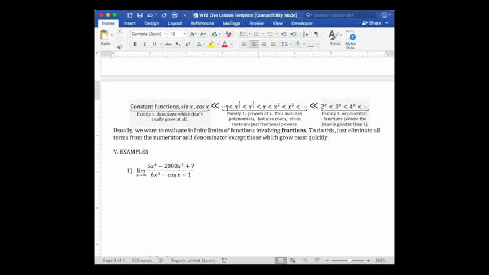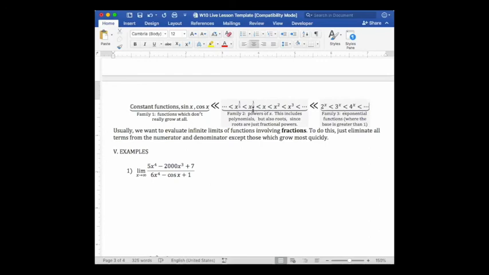Then we have the second family of functions, which is basically powers of x. Sometimes they're called power functions. So x to some number, like x to the second or x to the third, those are all power functions.